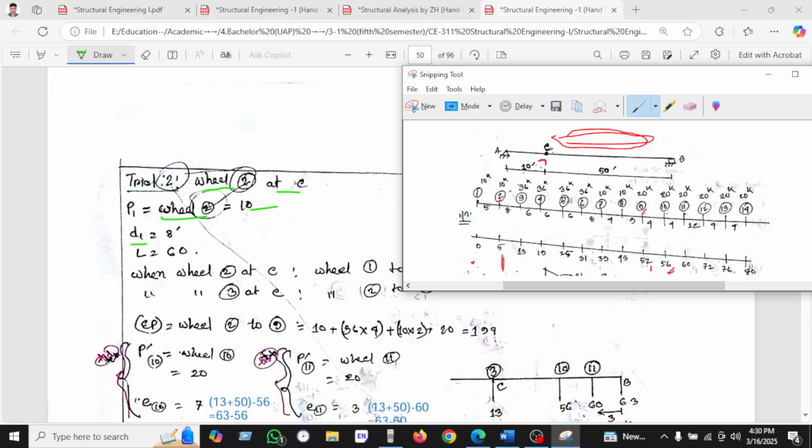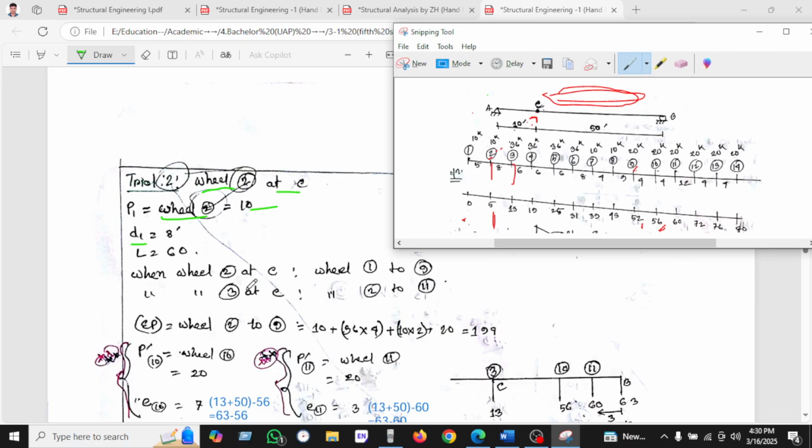Let's see here, this is wheel 2. The D1 will be the distance between wheel 2 and wheel 3, which is 8, and the length is 60 feet, as given here. And we have seen when wheel 2 is at C, how many wheels will be contained?